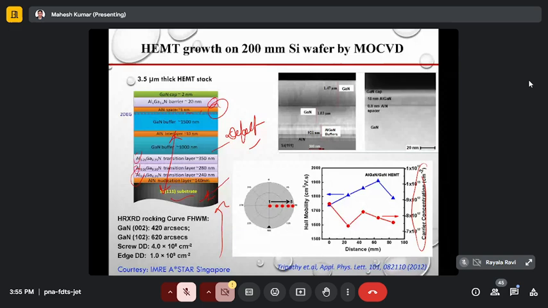So by measuring this, we can say our mobility is around 1800 to 1900. Then at IIT Jodhpur, we do the fabrication processing.